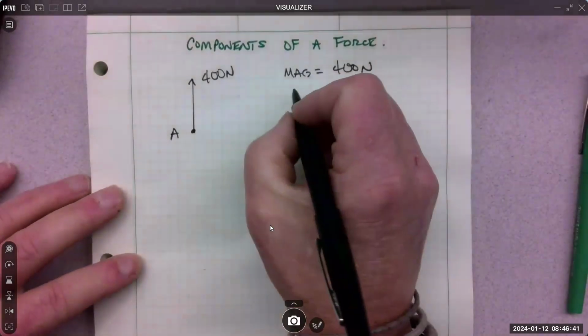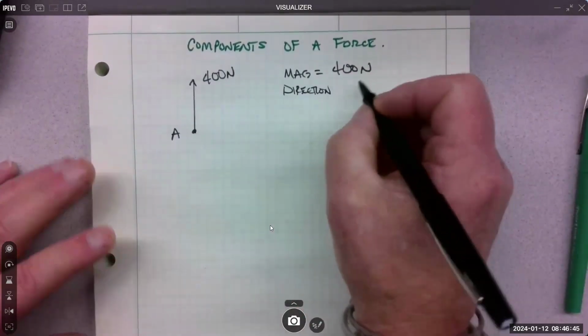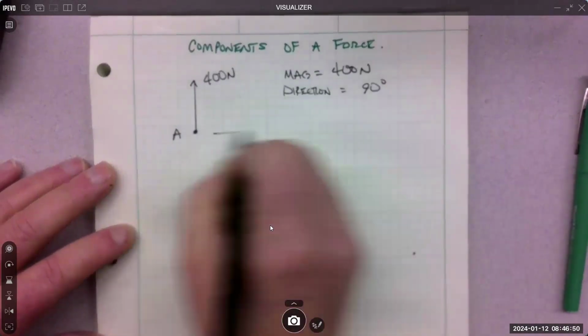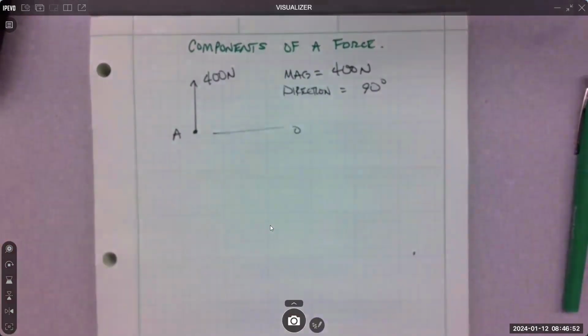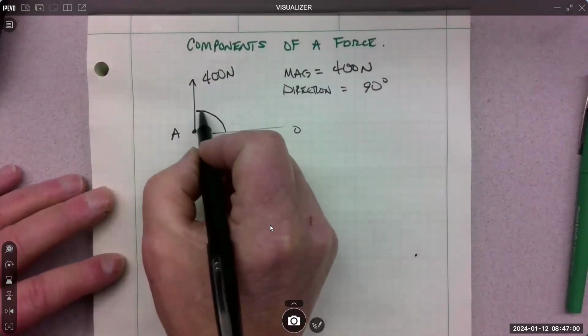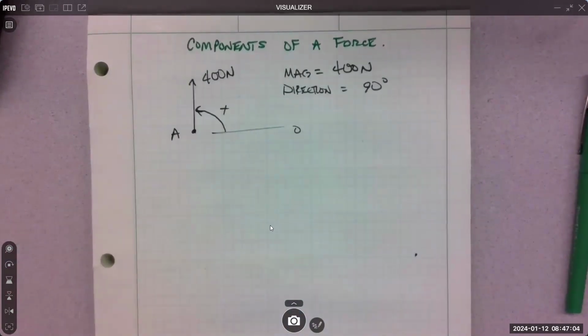Direction, what was that? So what's our angle? 90 degrees. We refer to this as 0, kind of same as AutoCAD. Horizontal to the right is 0, and then we refer to angles counterclockwise as positive, just like AutoCAD. So this would be a positive 90 degrees.